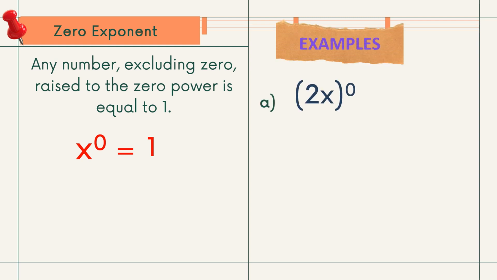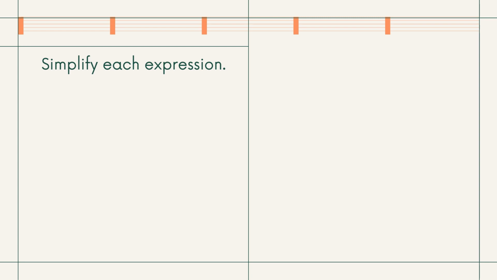The first one is the quantity 2x raised to the 0 exponent is equal to 1. Another one, a to the 0 is equal to 1. Okay, let's answer some exercises. Simplify each expression.